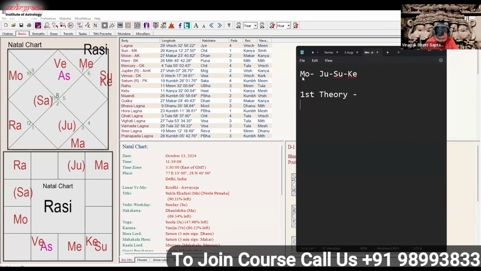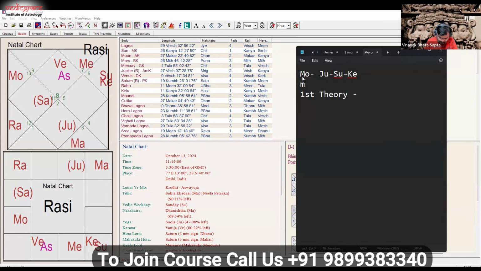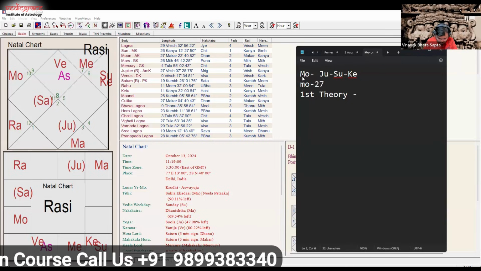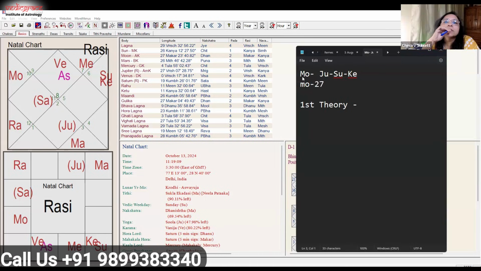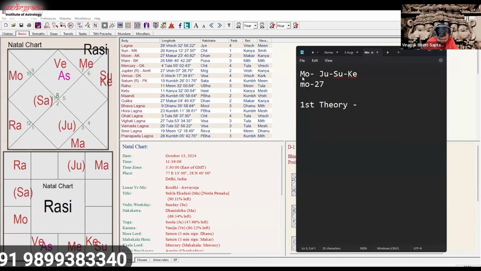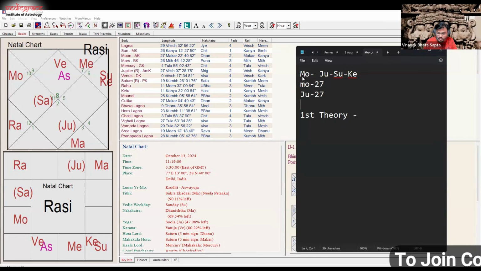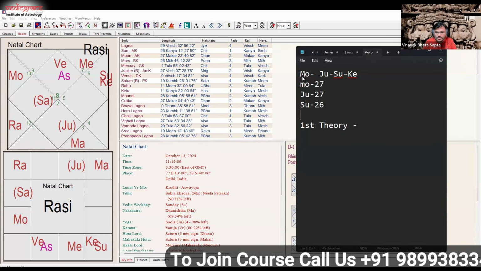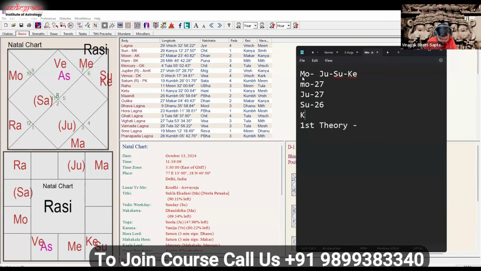Let's say the Moon is how many degrees? 27 degrees. And Jupiter is 27 again. Both are 27. Then Surya, the Sun, is 26. And at the last, Ketu has 11.